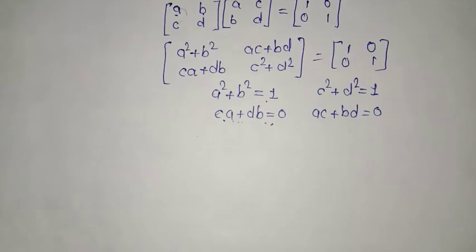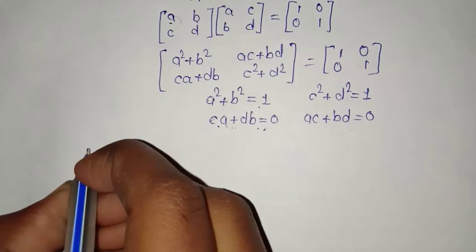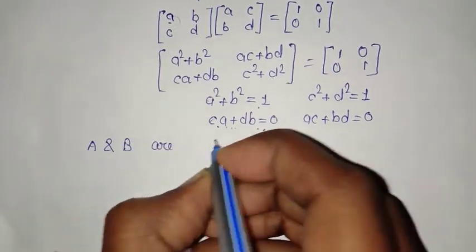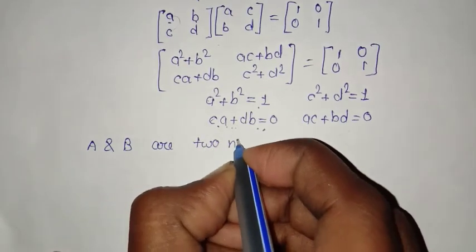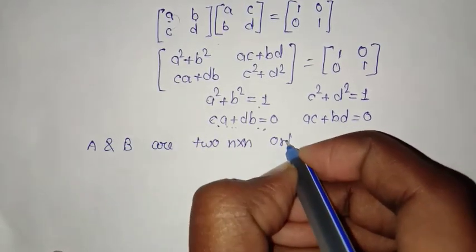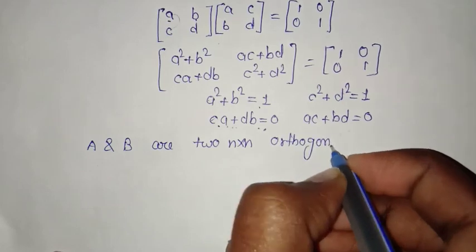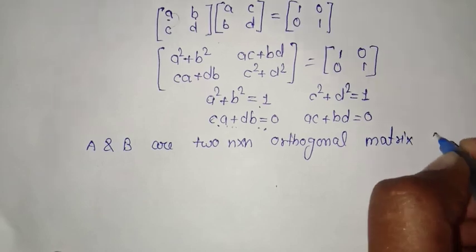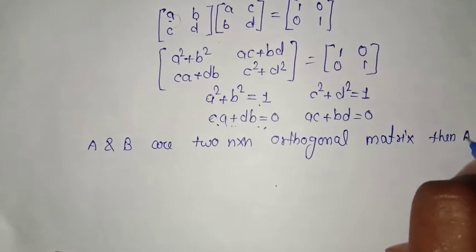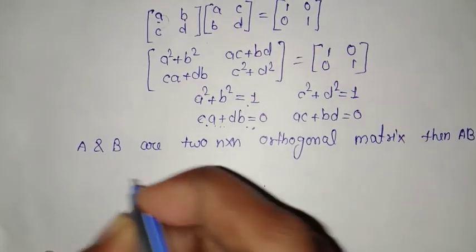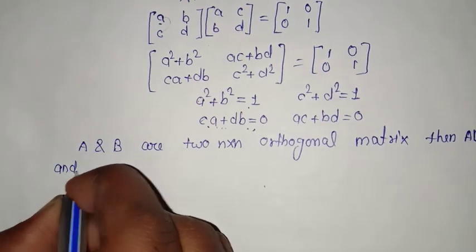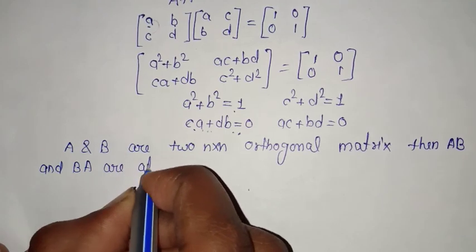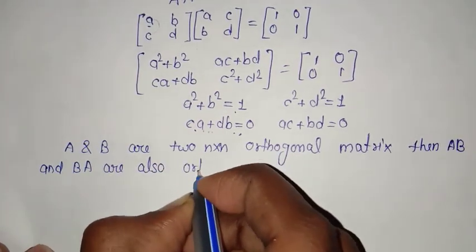Now the next property of this matrix is that if A and B are two n cross n orthogonal matrices, then AB and BA, that is the product of these two matrices, are also orthogonal matrices.